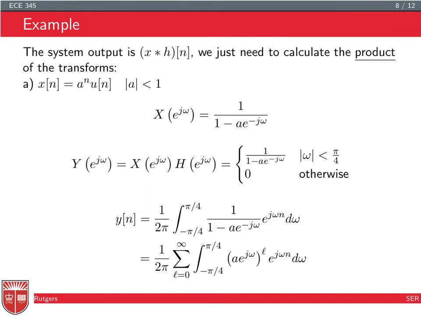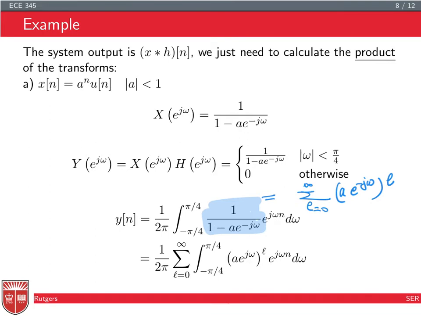So basically what I did is I replaced this term by the corresponding geometric sum. So this is equal to the sum from L equals 0 to infinity of a e to the minus j omega, to the power L, right?